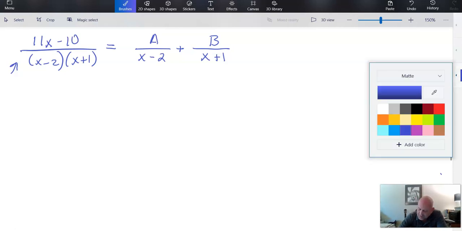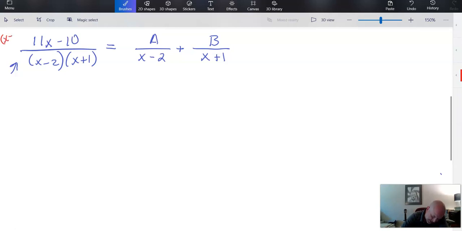We start off by looking at this as one equation. The common denominator of this equation would be x minus 2 times x plus 1. So we multiply everyone by the common denominator, and we do that with every term: x minus 2, x plus 1.